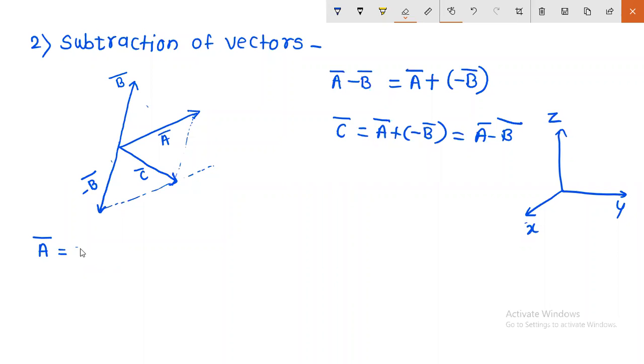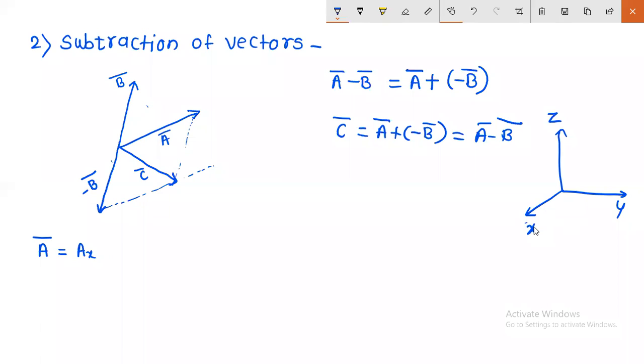Everyone knows that any vector is equal to its magnitude into direction, right? So I first consider the x-axis, meaning the x direction. I can write the magnitude of this vector a bar in the x direction. In the x direction, the magnitude of vector a bar is ax. You just attach one suffix here, that is x.